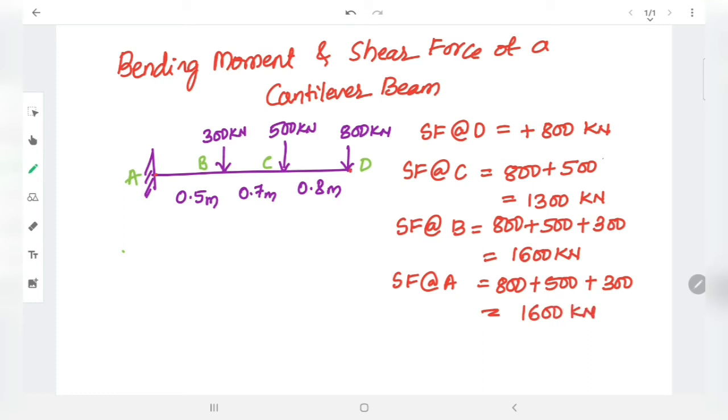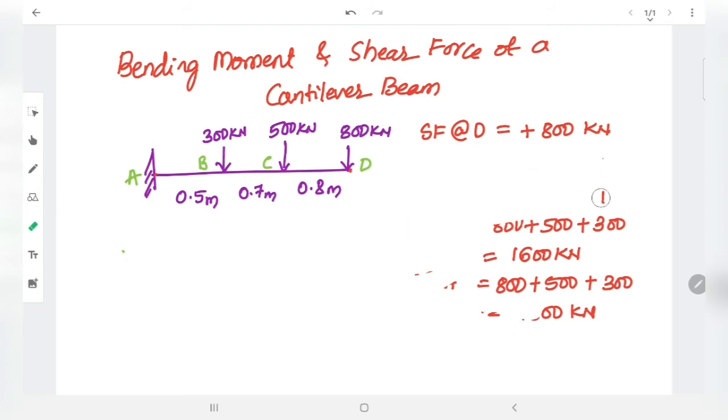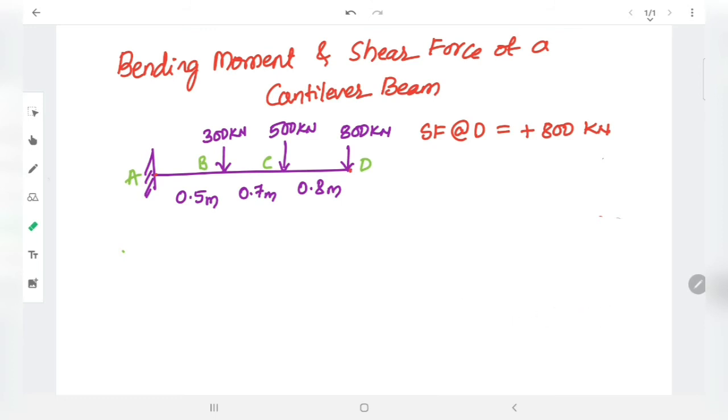Okay, so before that, for point B and point C, you can calculate just to the right and left of the point. Here I will repeat once again. You need to draw the shear force and bending moment diagrams. Here shear force at point D is 800.